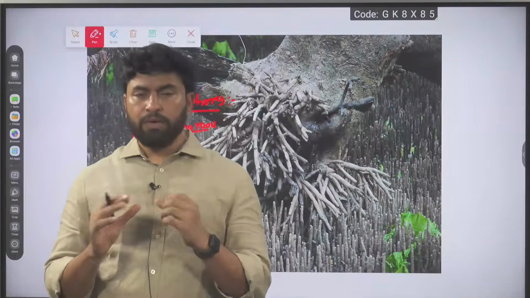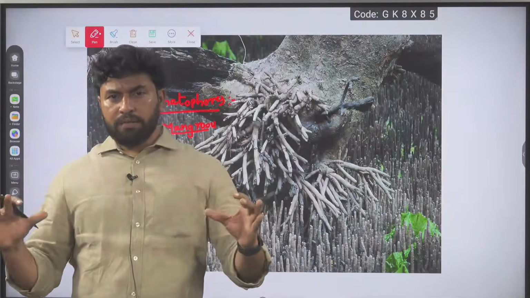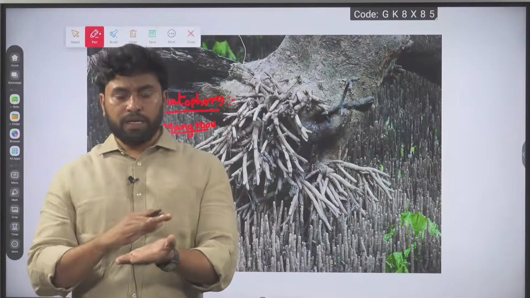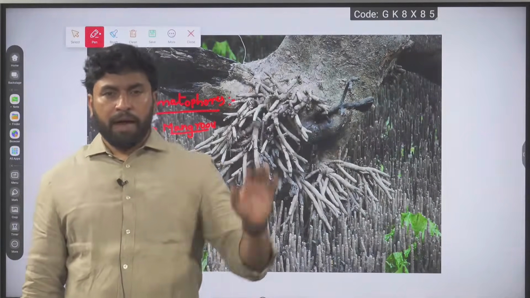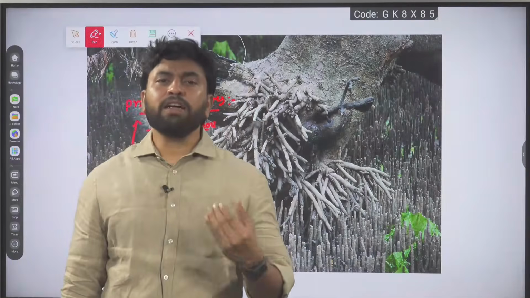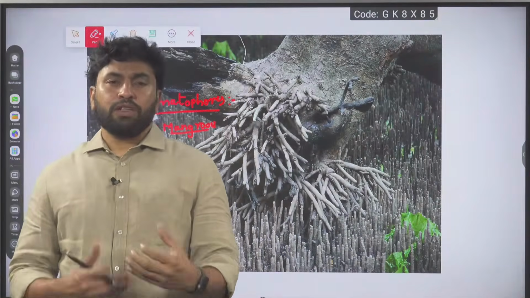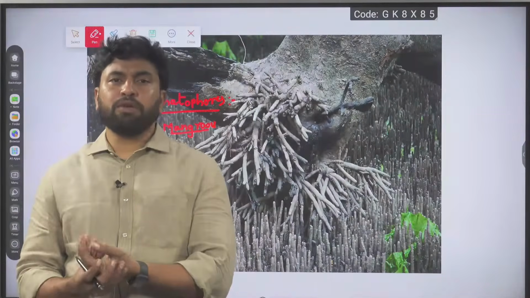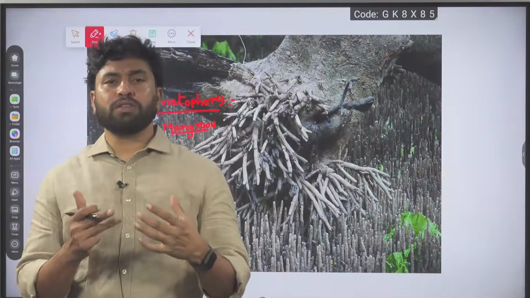Over there, almost the entire year, soil is covered by a layer of water. As a result, atmospheric air cannot penetrate inside the soil. As a result, the root cannot get a sufficient amount of oxygen. Ultimately, the root cells could not survive.